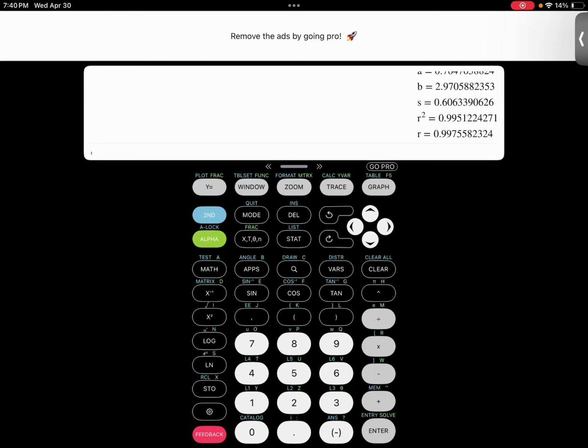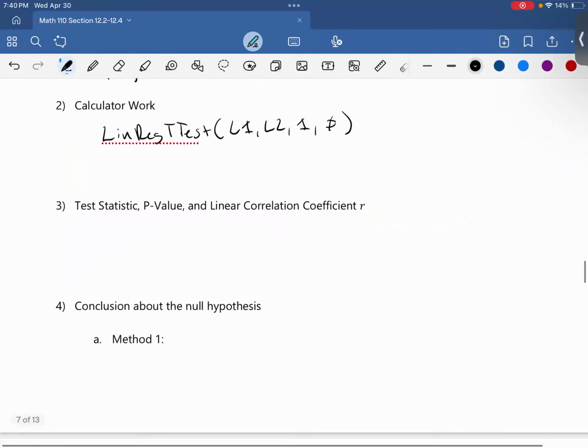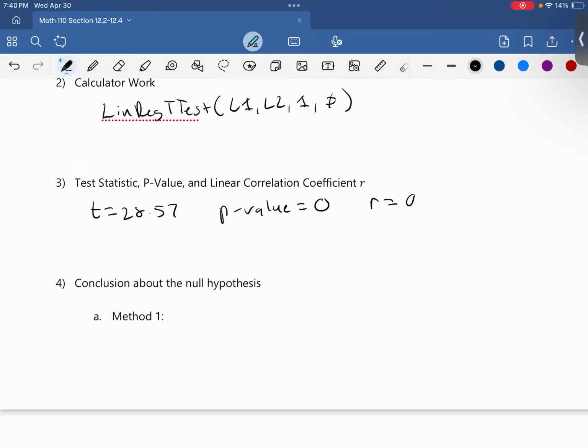Okay, so let's go ahead and write all this down. So the test statistic was t equals 28.57. The p-value was basically 0, I'm just going to write 0. And R was 0.9976.